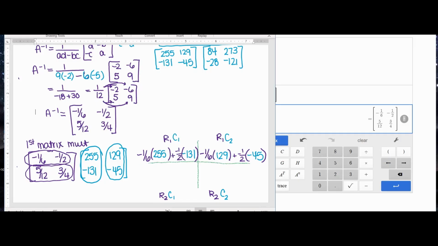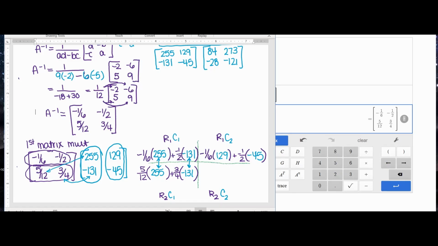So we're going to have 5 twelfths times 255, because they're both first in their little circle, plus, because it's always plus, 3/4 times negative 131, because they're both second in their little group. And remember, the numbers in the parentheses need to be the same. If they're not, something went wrong. Go back and fix it.